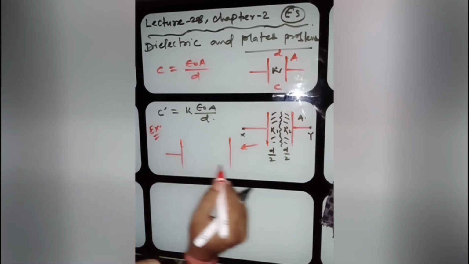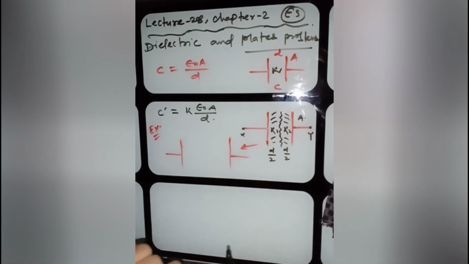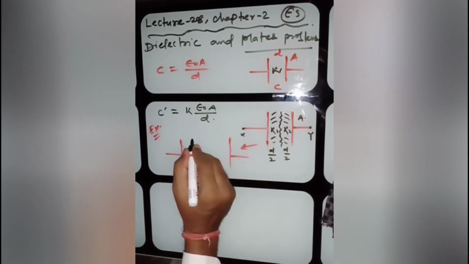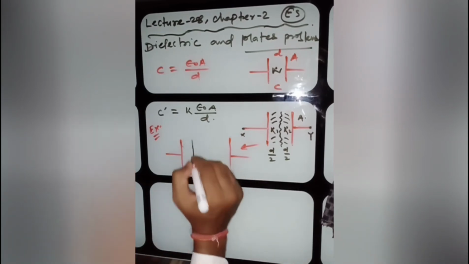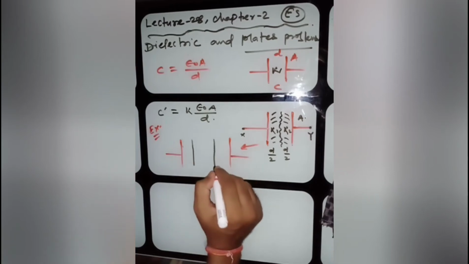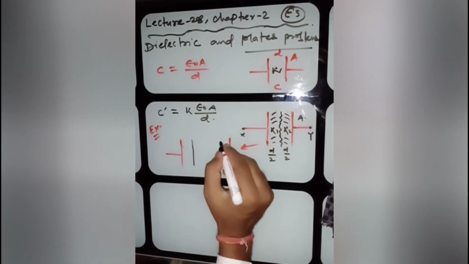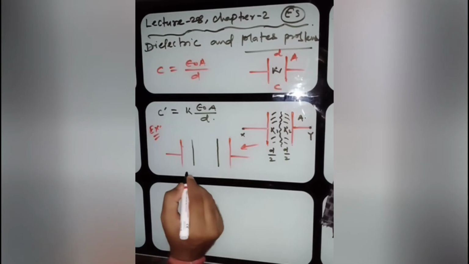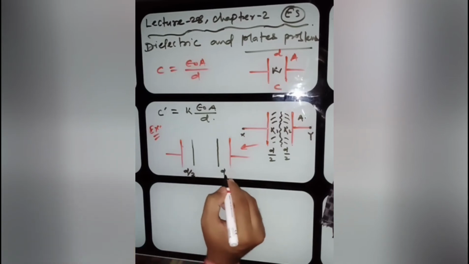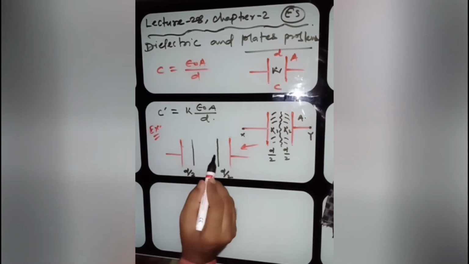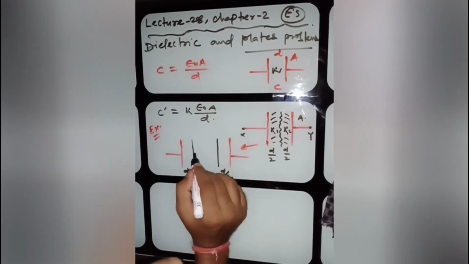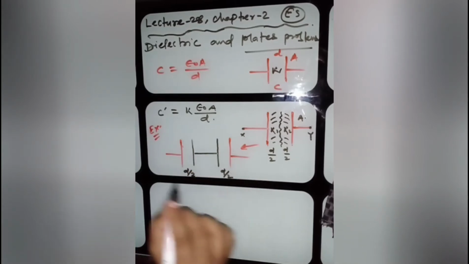The terminals, and this is the boundary of the dielectric. Now this separation is d by 2 and this is also d by 2, but these two boundaries were in contact, so make them in contact with a conductor.